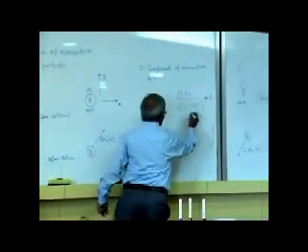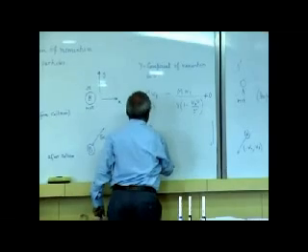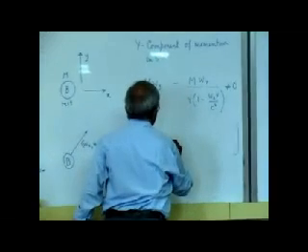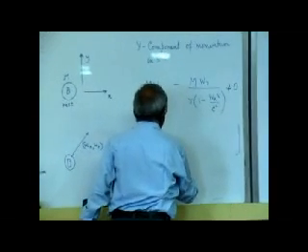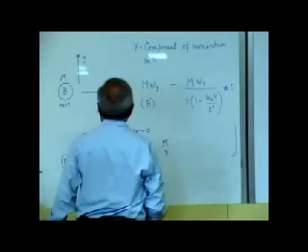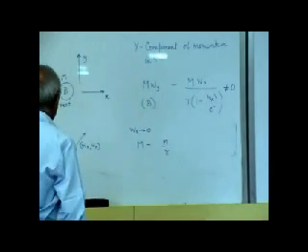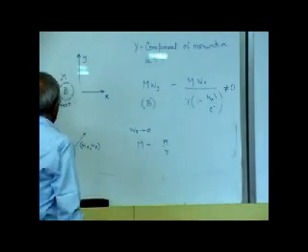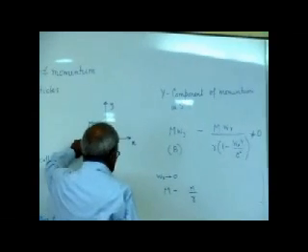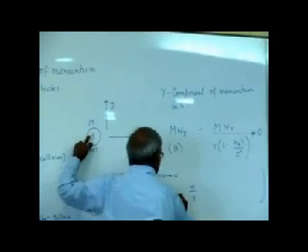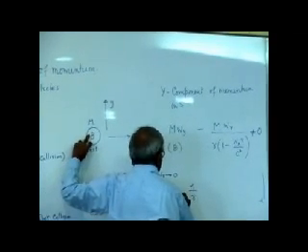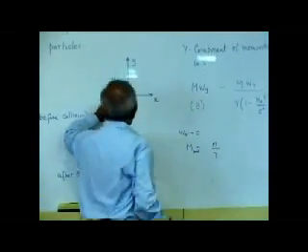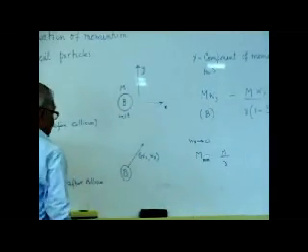If I drop this term, I will get m minus m by gamma. This is hardly moving, so this is at rest. And if it is a grazing collision, this has a velocity v.